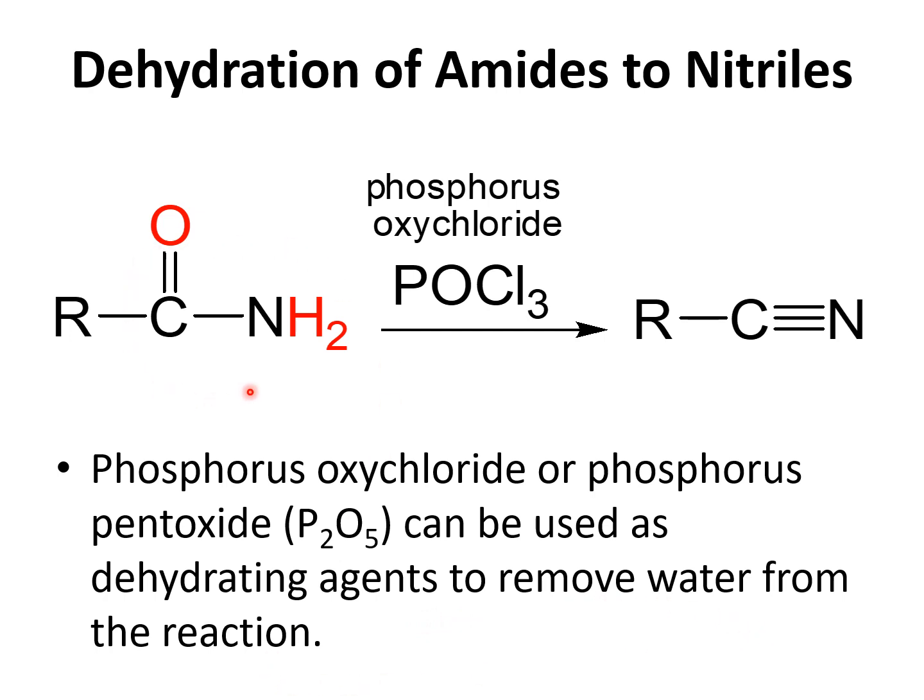What they do is that H2O is eliminated from this compound. The two hydrogens come from this part, and oxygen, and when they are removed, you have to make sure that C still has 4 bonds, so you will get a triple bond instead, C triple bond N. The mechanism is quite complicated, but we are not going to discuss it in detail here. Just remember that in this process you lose one molecule of water and you get nitrile. So from amide you can get nitrile from this dehydration process.